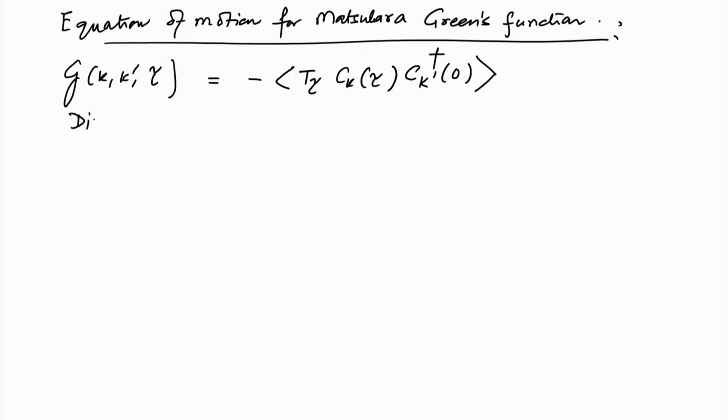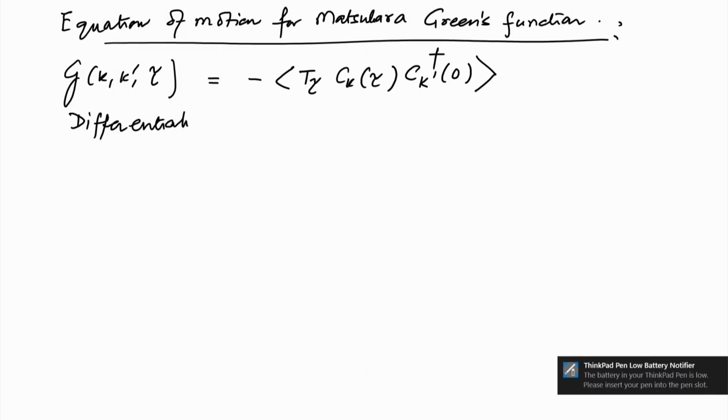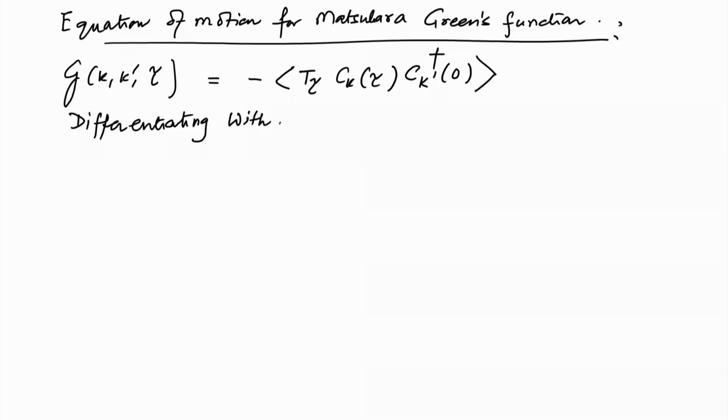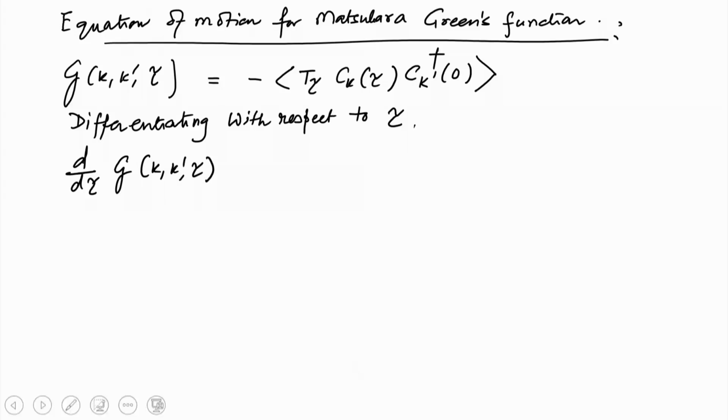Now, differentiating with respect to tau, we have d/d tau equal to minus d/d tau of.